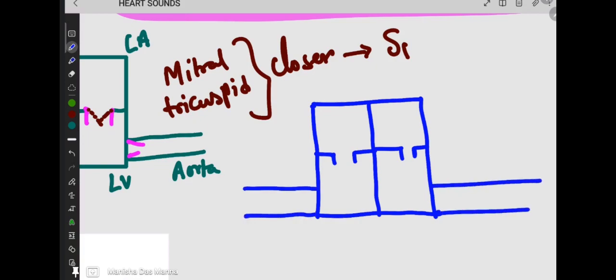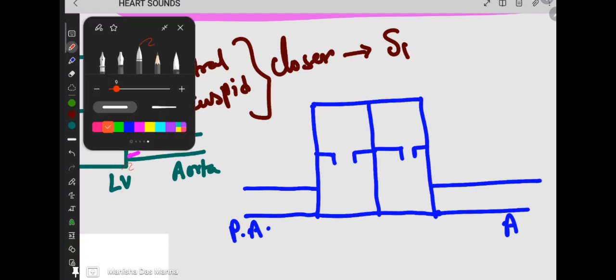Second diagram: that is the pulmonary trunk or pulmonary artery, PA, and that is the greater aorta. Now, what happens? Look at this.